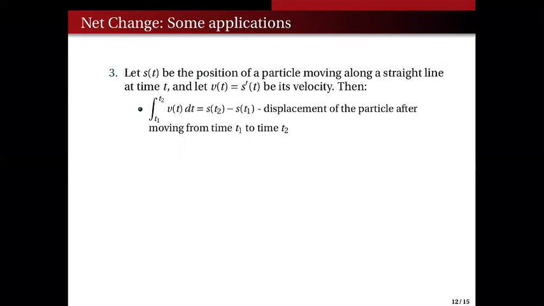So for example, this is your straight line. Your particle started from here. This is your s of t1. It moves in this direction and then moves back, then moves again, then moves back. And maybe the particle stopped here, so this is your s of t2.